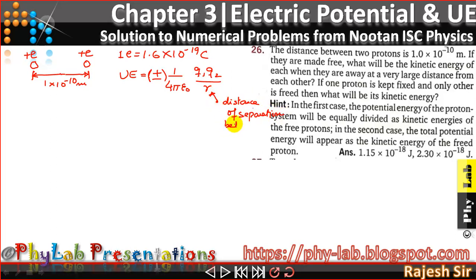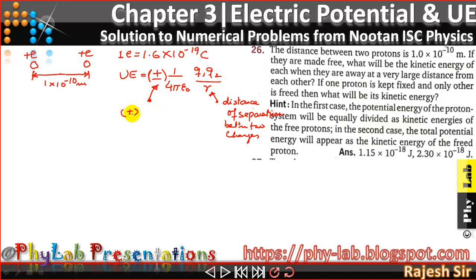And remember, friends, potential energy can be either positive or negative depending upon whether the charges are like or unlike. So plus or minus depending upon whether charges are like.